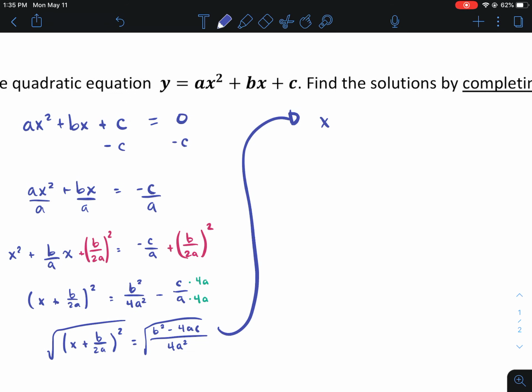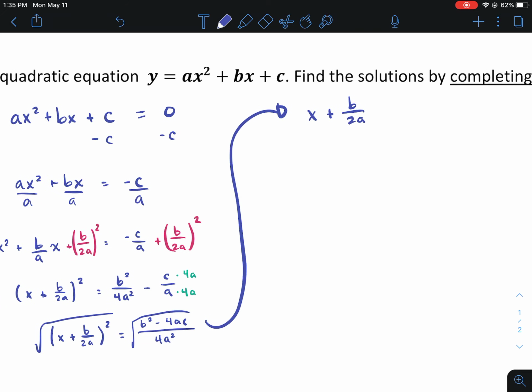So we've squared this, so this is just x plus b over 2a. And this is equal to plus minus the square root of b squared minus 4ac, because we can't simplify that. But we can take the square root of the denominator, so we'll go ahead and leave that as 2a.